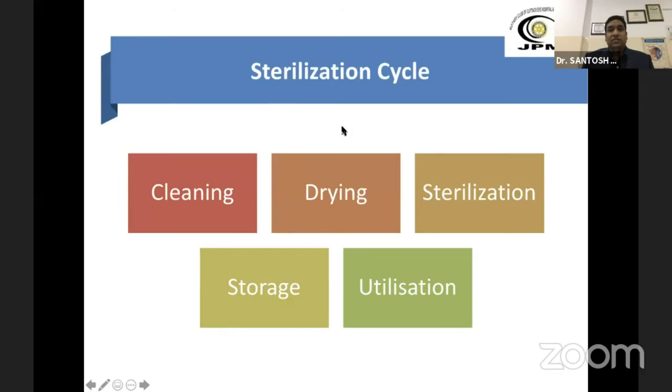And this is the sterilization cycle. It starts with cleaning, and very elaborately Dr. Patnaik has clarified in which way the instruments should be cleaned. And after cleaning, it has to be air dried, either by a blower or by simple room air drying with AC on, and all the surfaces need to be exposed to air so that proper drying is maintained.